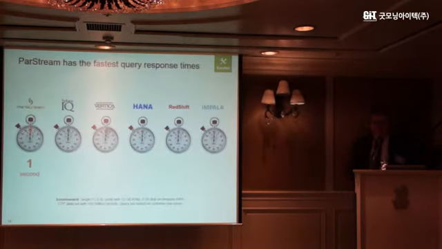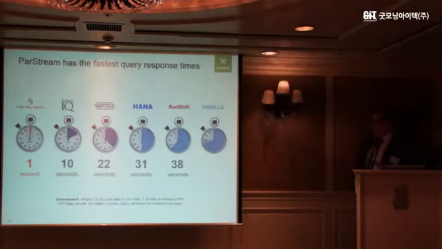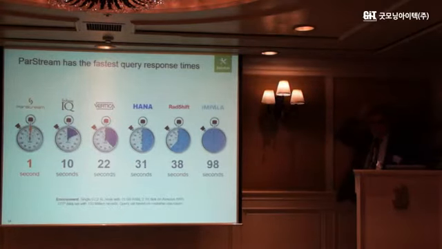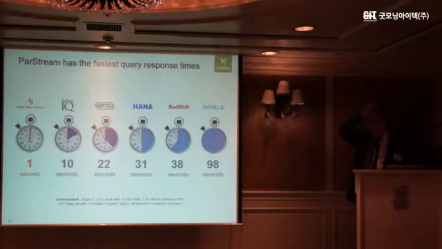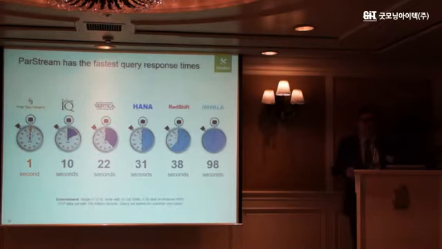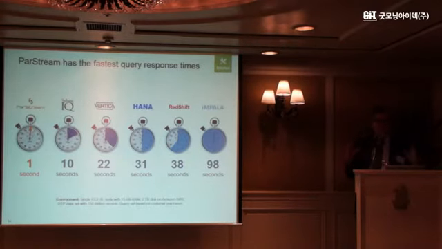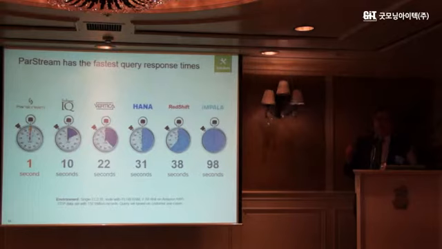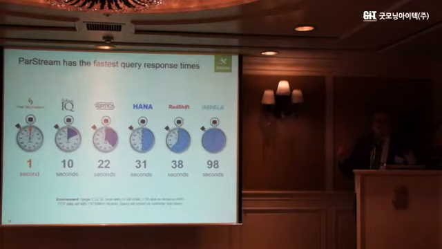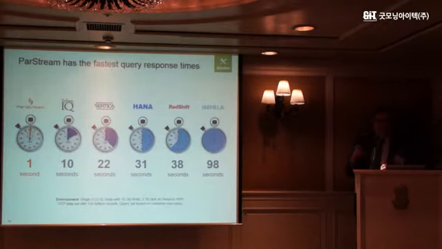Okay. The next slide is a very nice gimmick. You see here the performance of Parstream in comparison to our main competitors. I wouldn't say that Redshift and Impala are real competitors, because the concepts of those databases are totally different. But what we did is we took 150 million records of publicly available data of all flights in the US from 1998 to 2011, and ran 6 queries in parallel on this set of data.